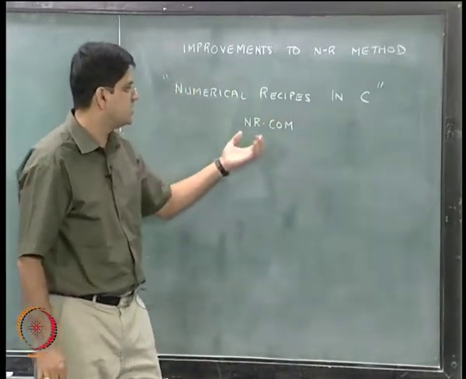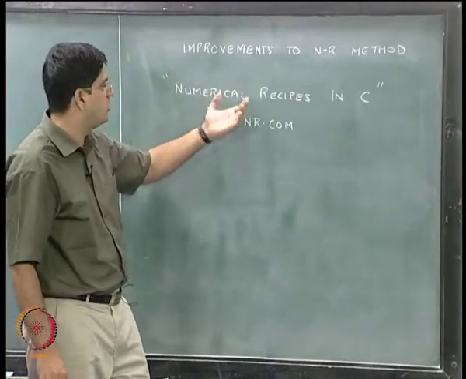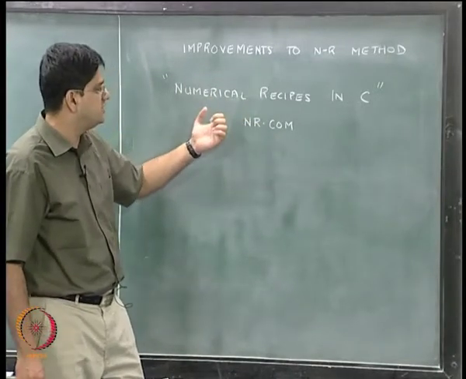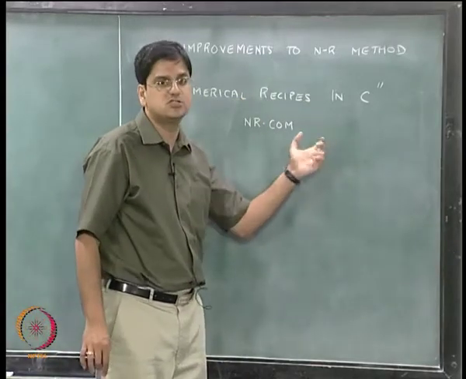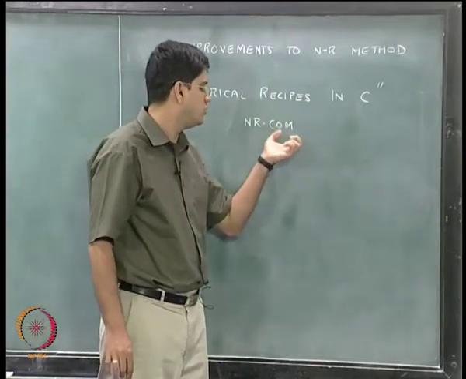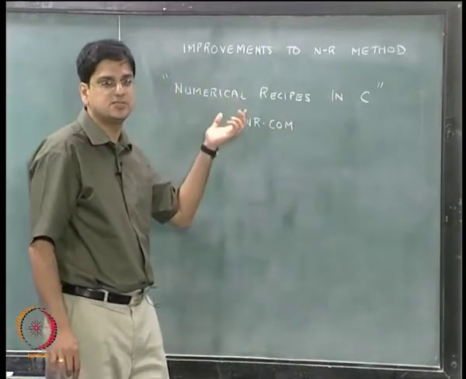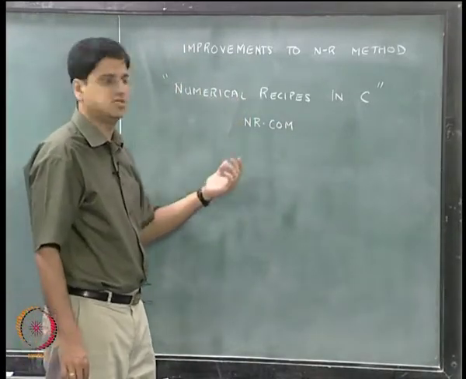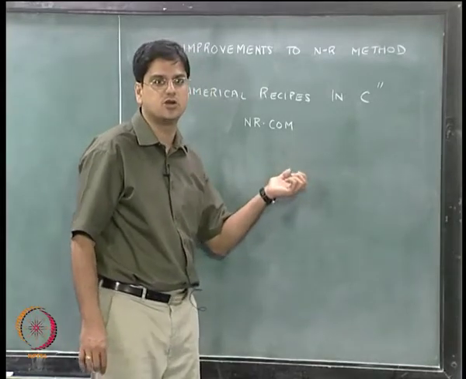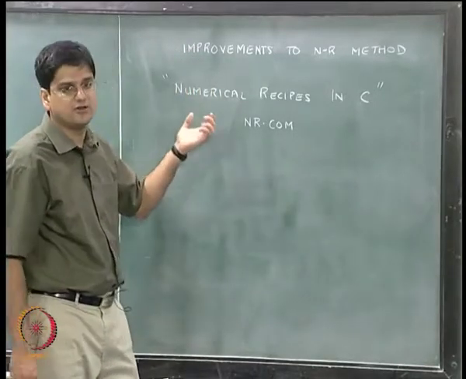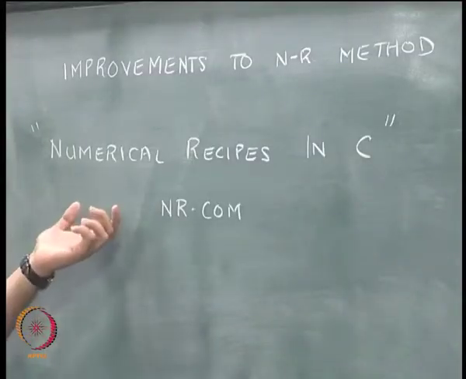Of course, the Numerical Recipes textbook is not freely available on the website. I believe it's something like $19 to download the latest copy. The earlier versions, the second edition, I believe are available for free to download.